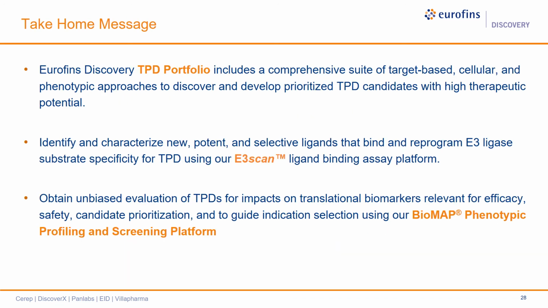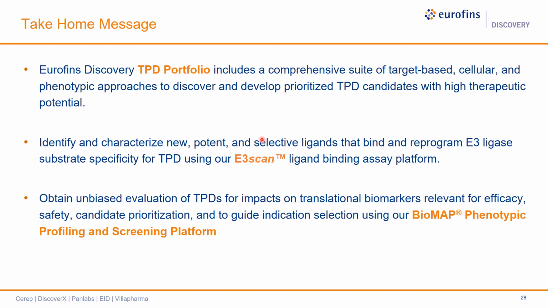To summarize the take-home message presented by Ksenia and myself, Eurofins Discovery has a comprehensive and growing portfolio of solutions and services for targeted protein degraders. Offerings include a large suite of target-based, cellular, and phenotypic platforms that can prioritize candidates with high therapeutic potential.